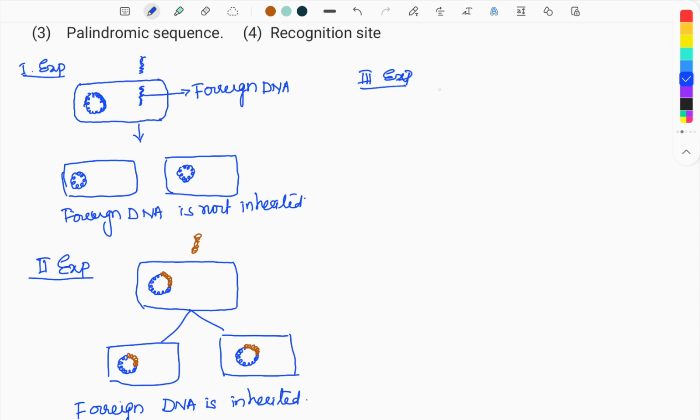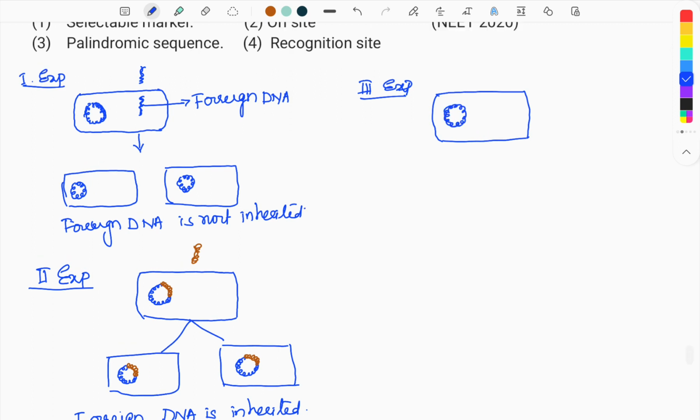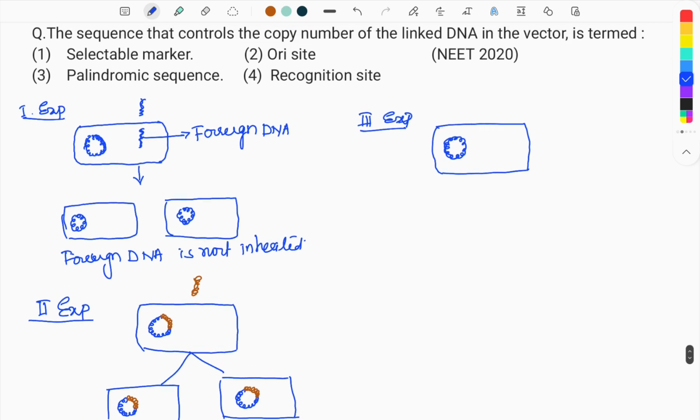In experiment 3 also again we take a bacteria with its own DNA, double stranded circular naked DNA, and this time we insert the DNA that is having ORI. This is the foreign DNA that is having ORI.